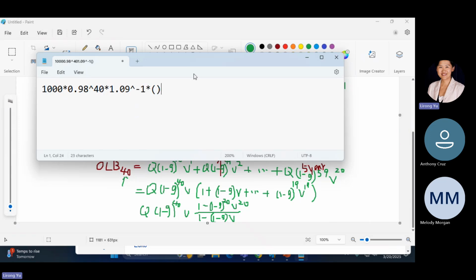Then we have division. The denominator is 1 minus 0.98 over 1.09. That's the V and G. The numerator is going to be 1 minus this fraction to the power of the number of terms.